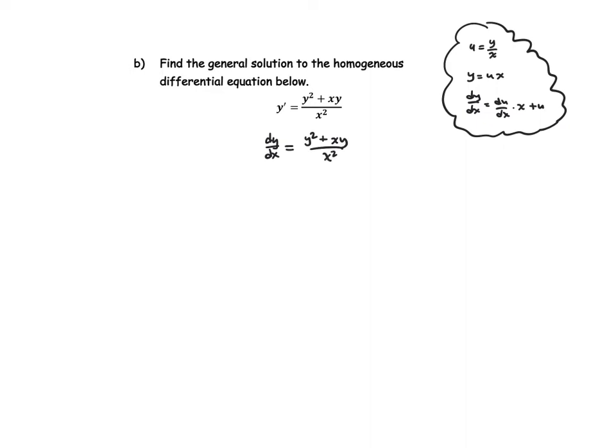Now, if y equals ux, then y squared equals (ux) squared. And if dy/dx equals du/dx times x plus u, I'm going to do that substitution right now. So I'm going to rewrite the left side as du/dx times x plus u.